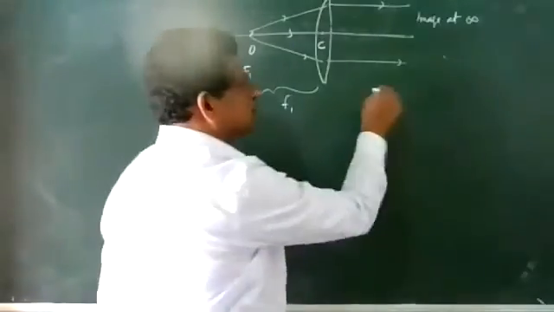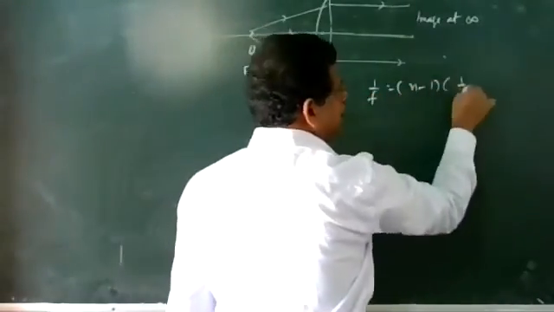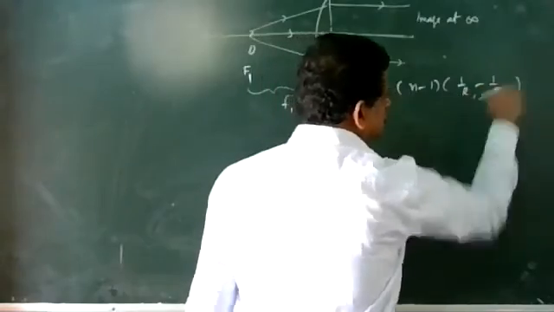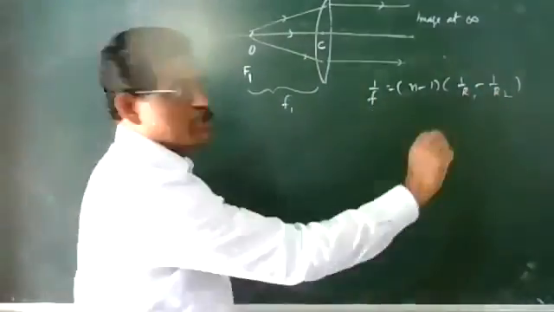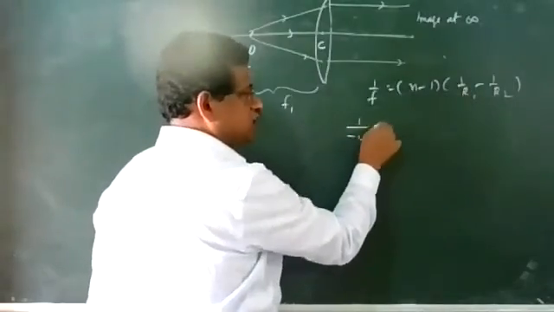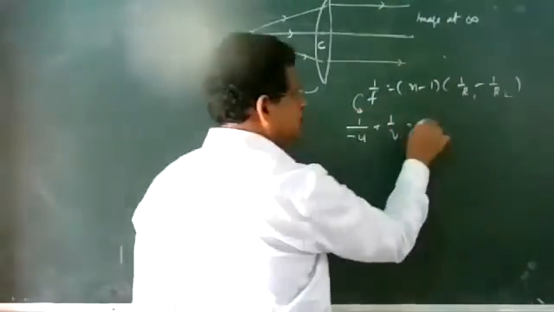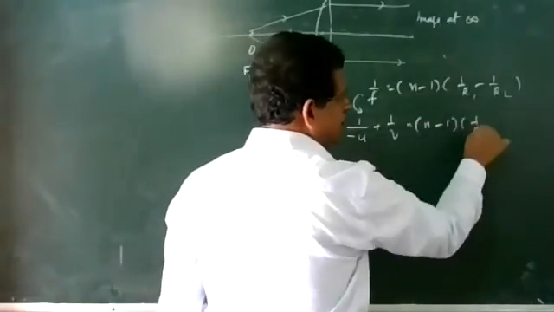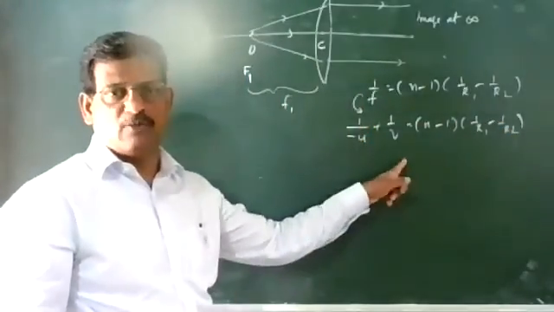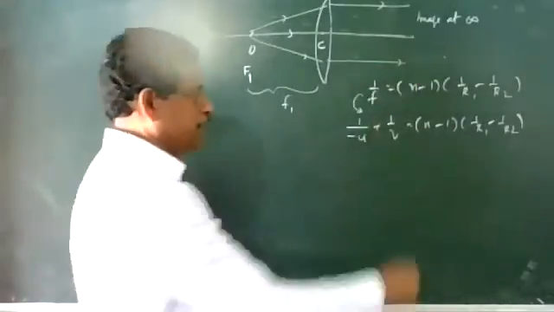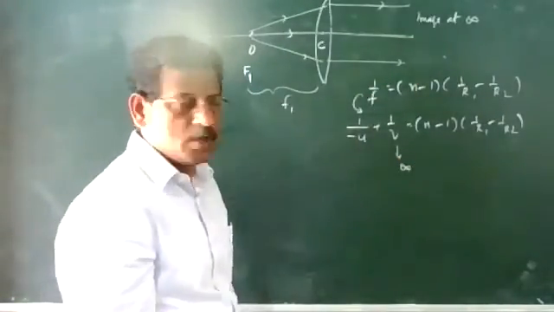So as per the equation, 1 by F equals (n minus 1) into (1 by R1 minus 1 by R2). Before writing 1 by F1, we wrote one more equation in terms of U and V, that was 1 upon minus U plus 1 upon V. This equals (n minus 1) into (1 by R1 minus 1 by R2). Here, image is formed at infinity, so V stands for infinity. And where will U be?